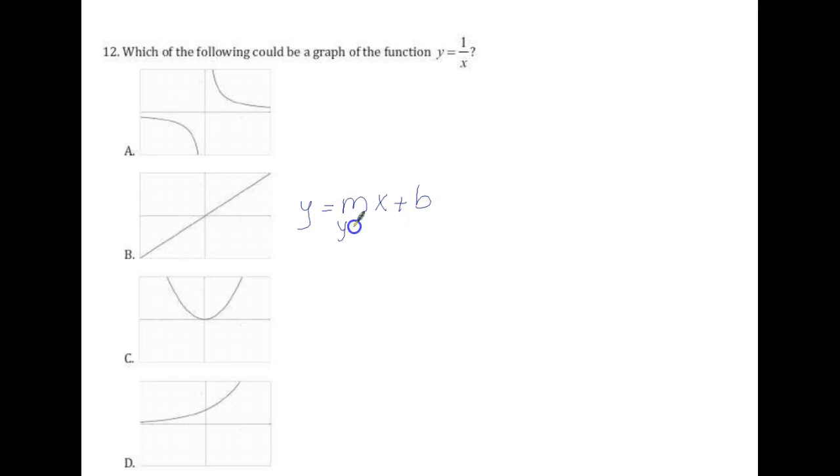So on the test, if they say, what is y equals 2x or 2x plus something, then you know it's the linear function. We learned that this year, this is quadratic function. It has to have x squared.